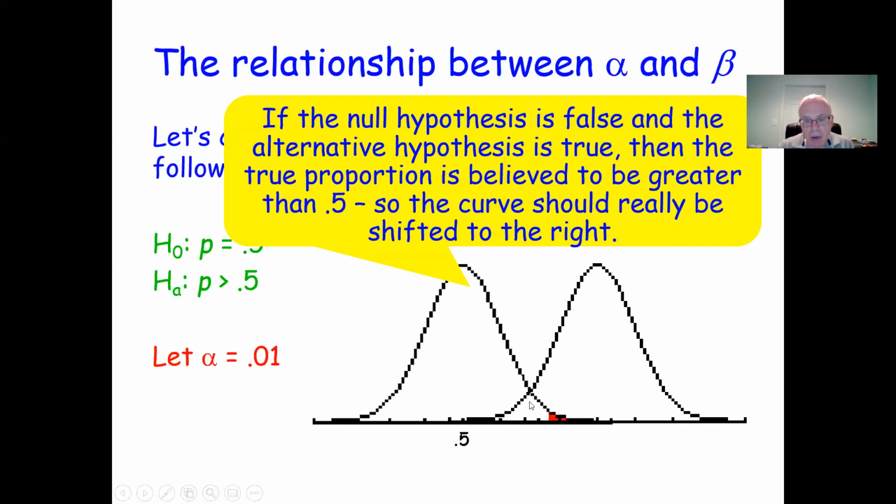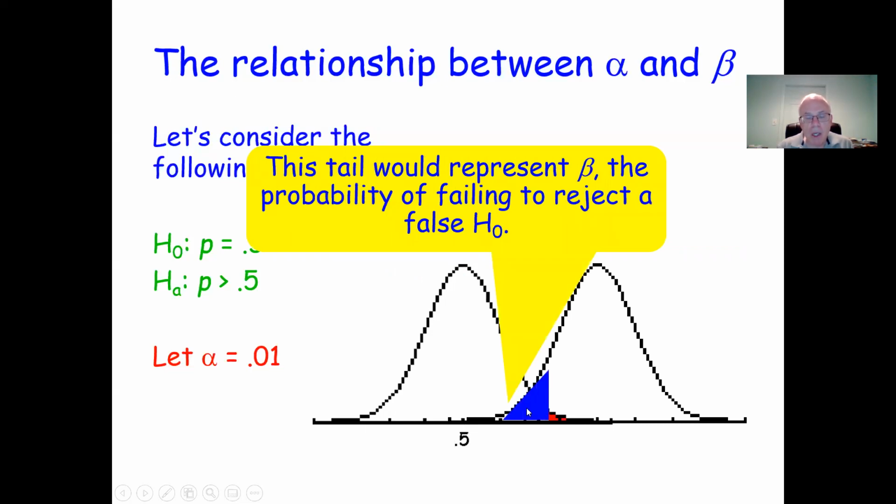And now this area here is the probability of a type 2 error. Notice it's gotten bigger. So here's the takeaway from this. As alpha gets smaller, the probability of a type 1 error gets smaller, the probability of a type 2 error gets bigger. Sometimes we don't want the type 2 error to be too big.